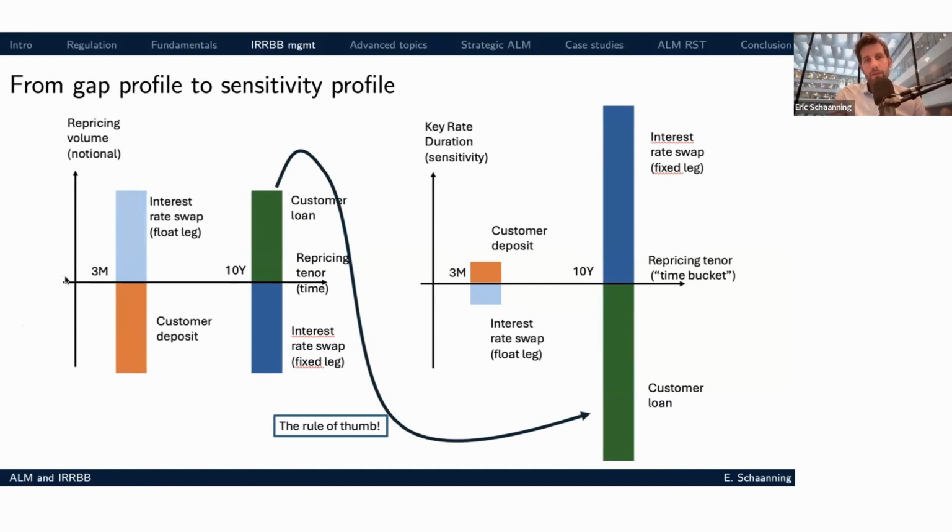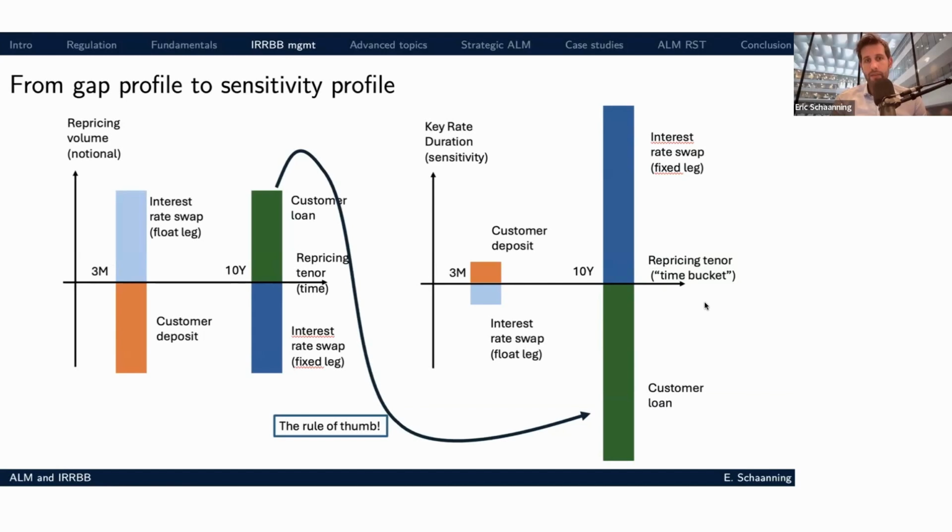Why is that? Because on the left side, we're showing assets and liabilities, and assets have a positive value and liabilities have a negative sign. On the right side, when we talk about sensitivities, we talk about how these assets and liabilities are going to react if interest rates increase by 1 basis point. So if we take the customer loan, it's got a fixed rate for 10 years.